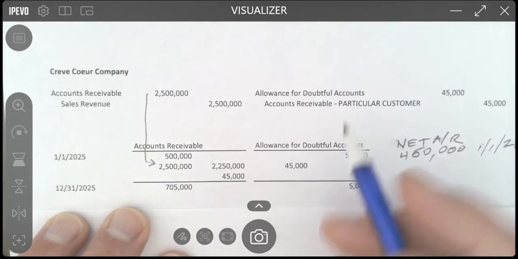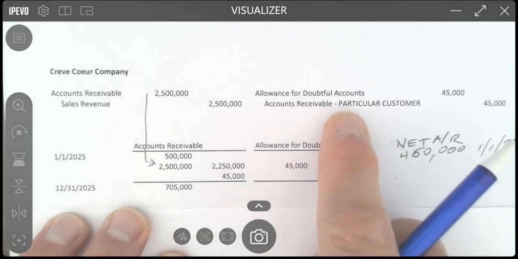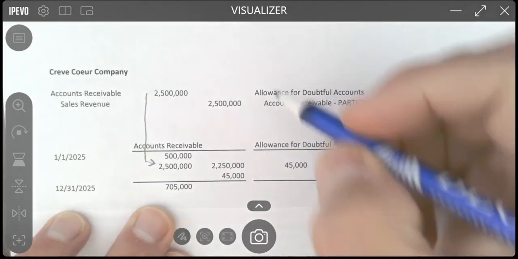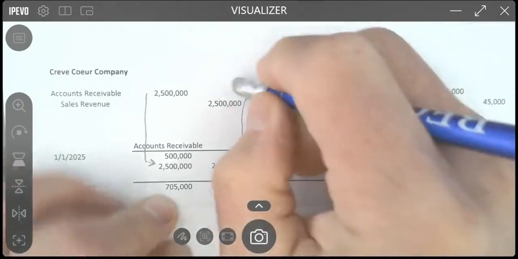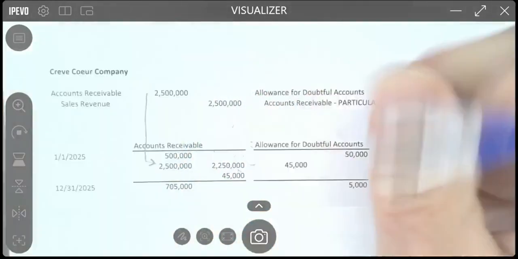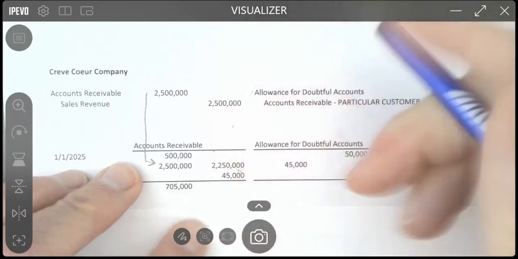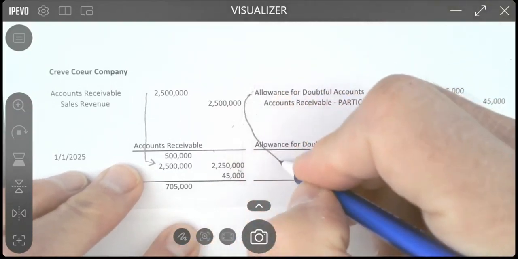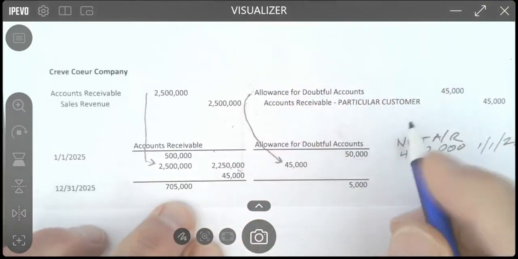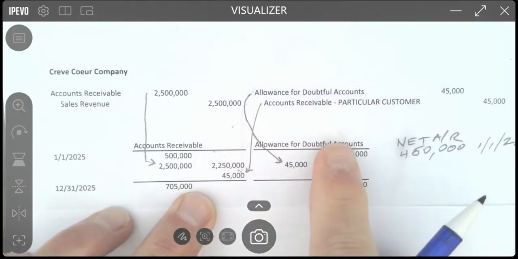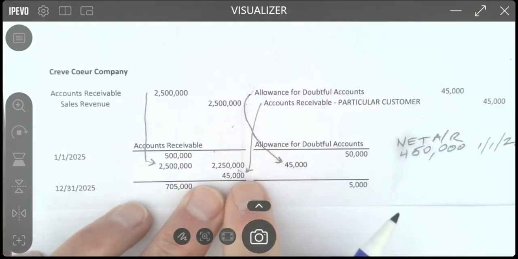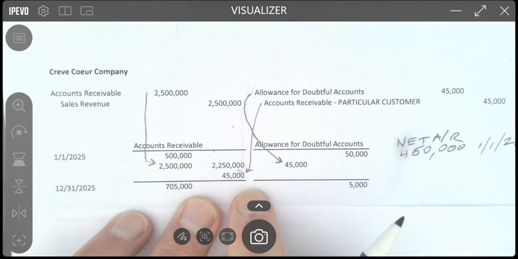And so in that case, we made that entry I described above, and there's the debit to the allowance, and there's the credit to the particular receivable.